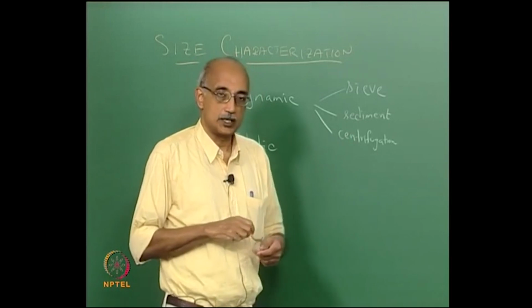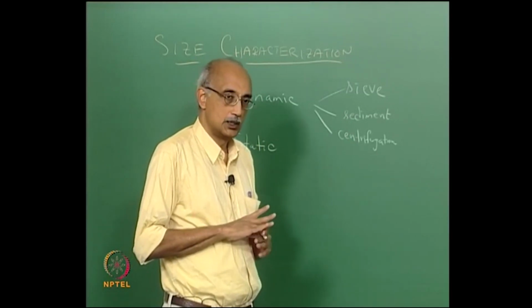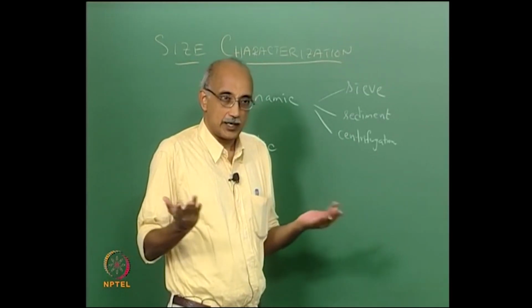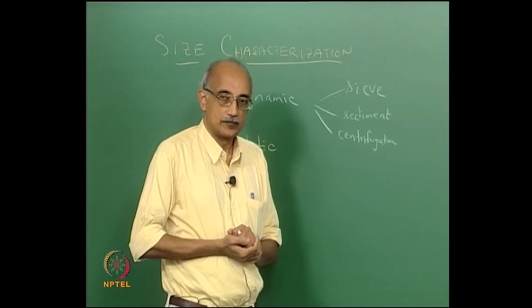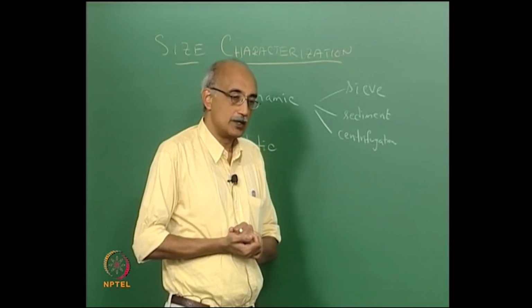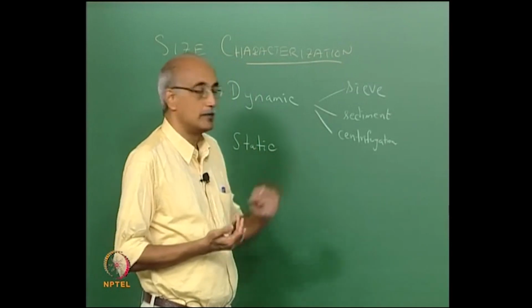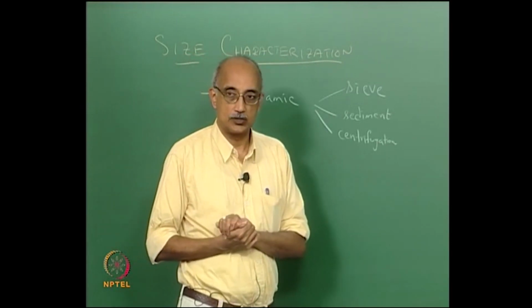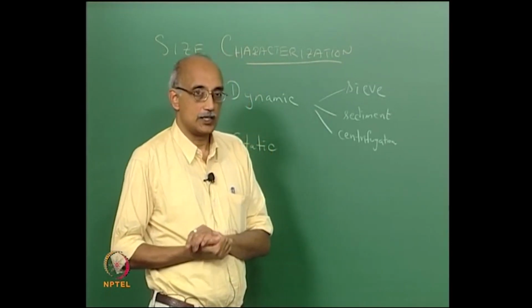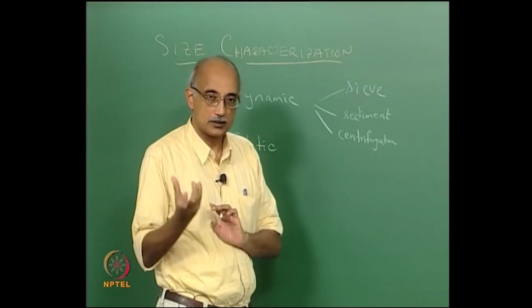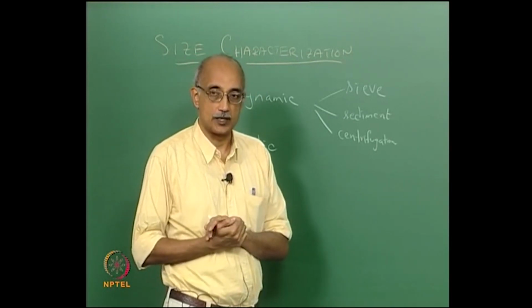Now, how about sedimentation? How does that work? It is basically based on the settling characteristics of a particle, right. So, the particle will reach a terminal settling velocity, which will be characteristic of the size of the particle as well as the density of the particle, for example.